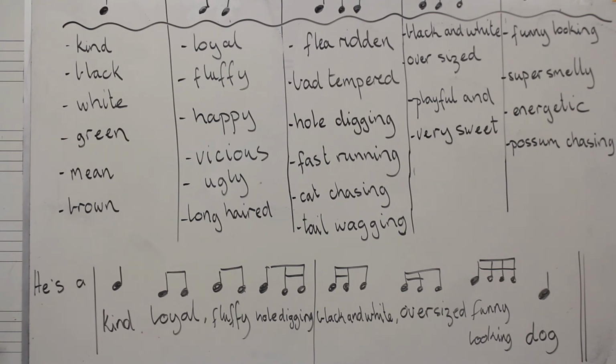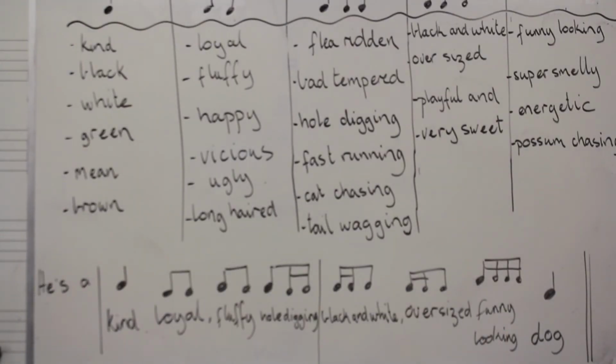So the best way to do it is you can pause the video on this chart so you can see the words and the rhythms. You might have some of your own words that fit into those rhythm patterns, but really just make sure that they're following the rhythm.